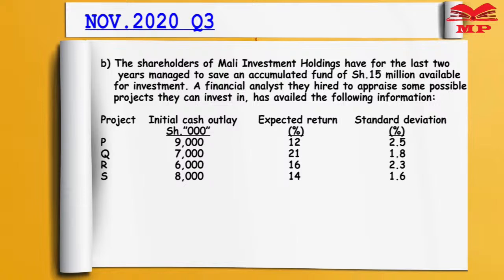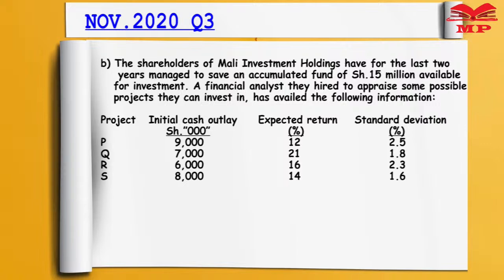And the accumulated fund, we read in the first sentence, is 15 million shillings available for investment. So the company has 15 million shillings, and the company can invest this money by pairing the projects. Like you can see project 1, which is project P, the initial cash outlay is 9 million.